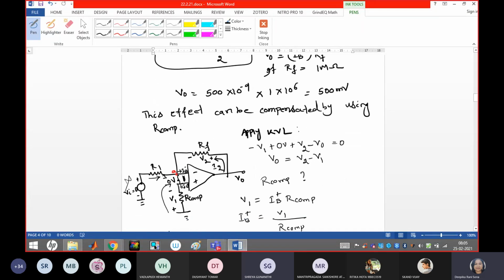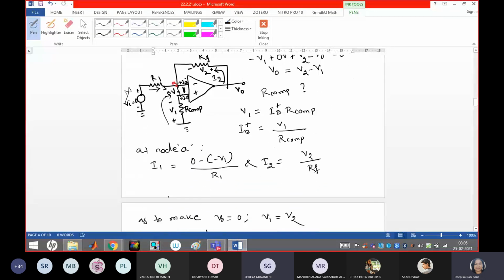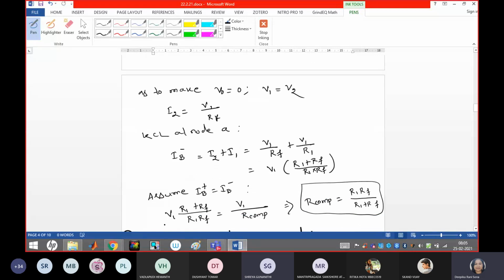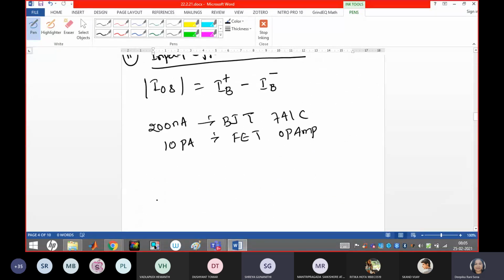By referring to this figure, we can solve the concept for this input offset current. You have to analyze how much input offset current will be taken into the output voltage without any input, and what the output voltage will be at that time.